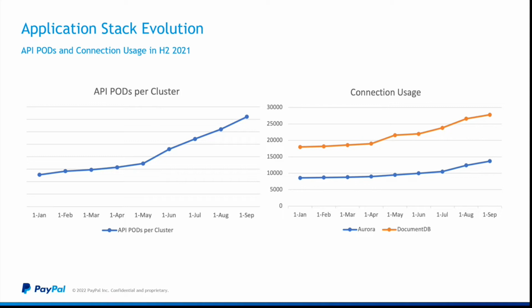So the priority that we have for working on managing the connections just went up. It was something to tackle more aggressively now. As you can see, the connection usage was very close to the limit of 30K on DocumentDB and the 16K limit on Aurora.